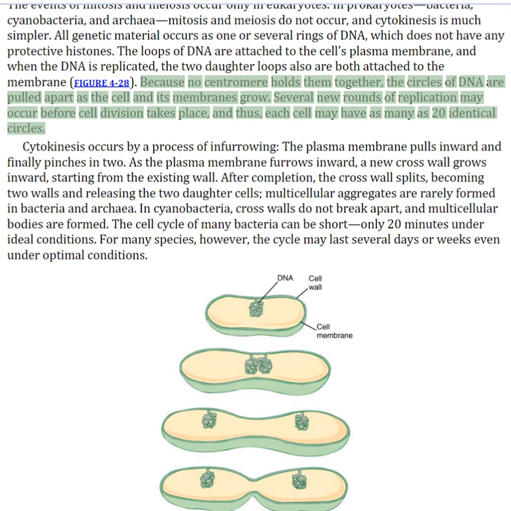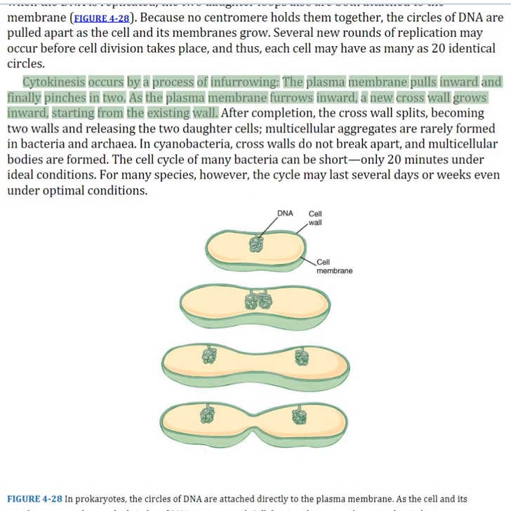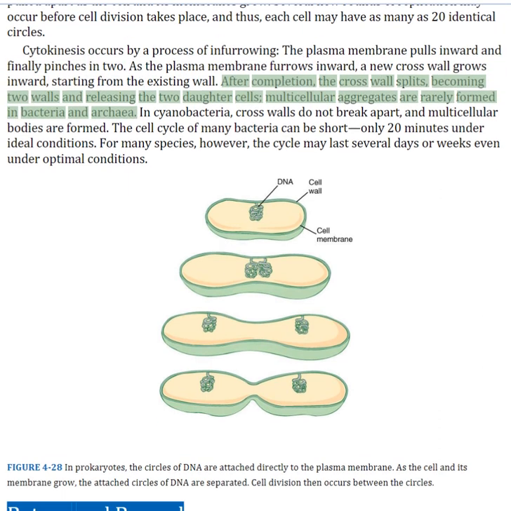Several new rounds of replication may occur before cell division takes place, and thus, each cell may have as many as 20 identical circles. Cytokinesis occurs by a process of infurrowing. The plasma membrane pulls inward and finally pinches in two. As the plasma membrane furrows inward, a new cross wall grows inward, starting from the existing wall. After completion, the cross wall splits, becoming two walls and releasing the two daughter cells.